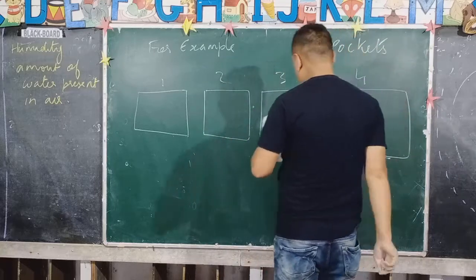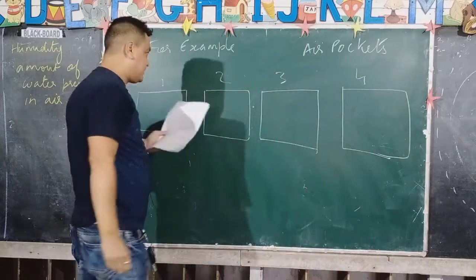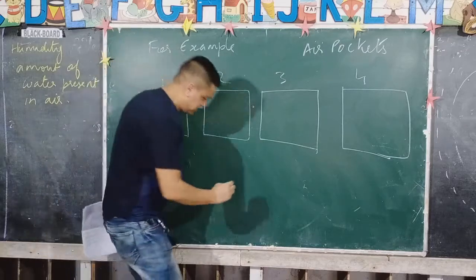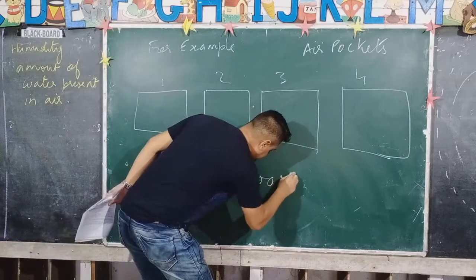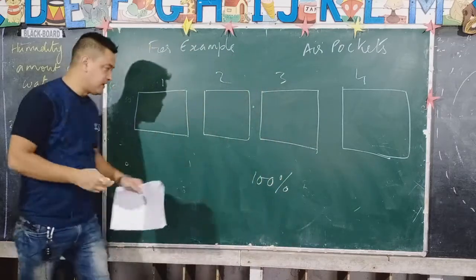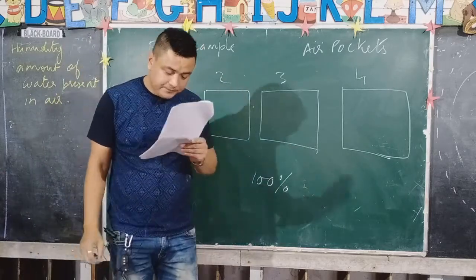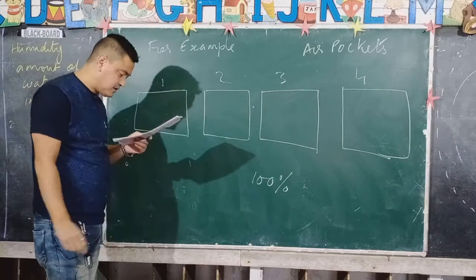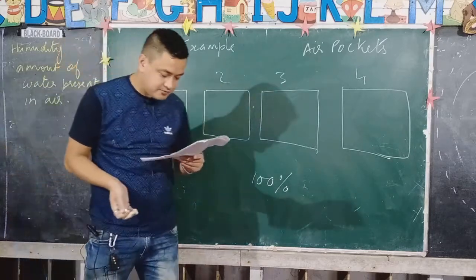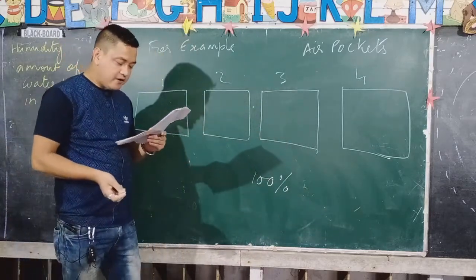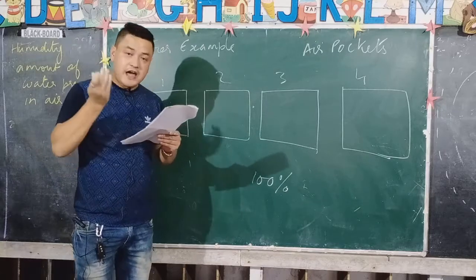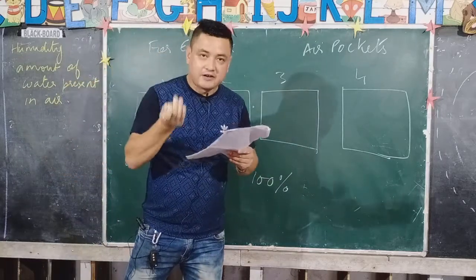The maximum quantity these air pockets can hold is basically 100%. So each box can hold up to 100%. I am talking about the capacity of these air pockets. When the air is holding the maximum amount the air can hold, we say that the air is saturated.